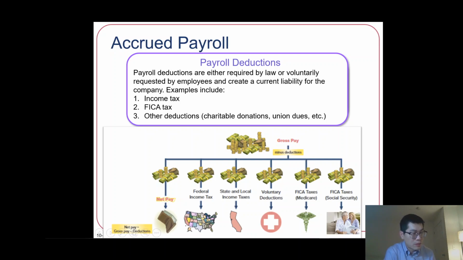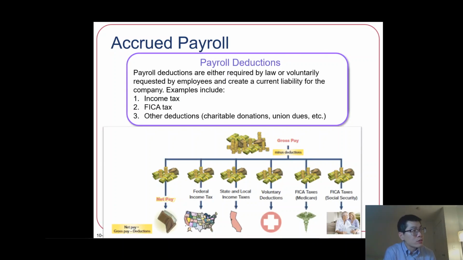So basically, when you have a $50,000 salary annually, you're going to receive less than $50,000 a year, and that is your take-home payment.